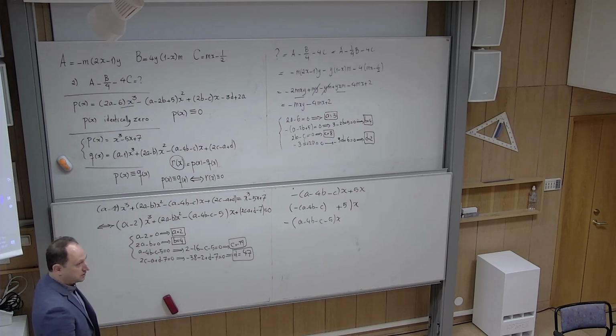At the x in the original? Not up there, but here. Aha, okay, where it's a minus 4b minus c, x. It should be 2b for me. Because I took 4 from here. Yesterday it was 2.